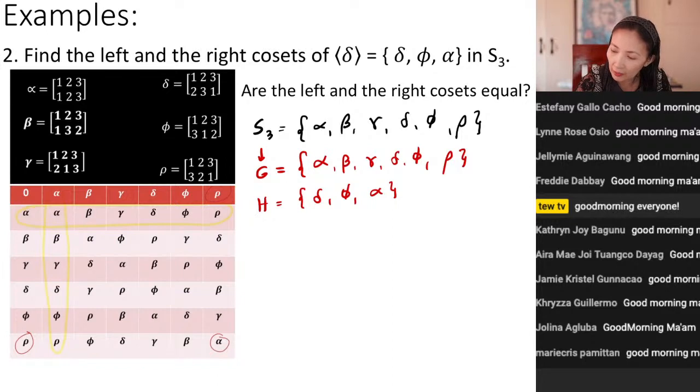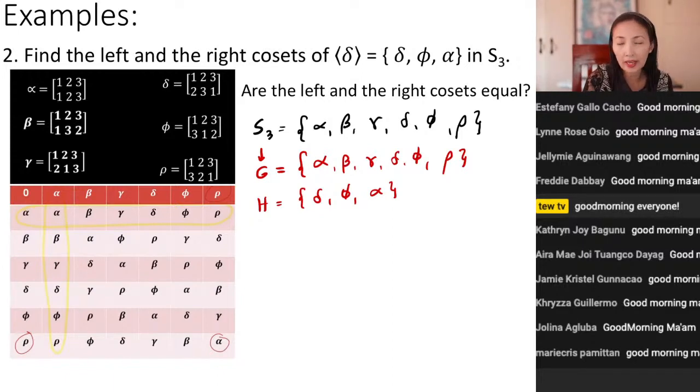The identity element alpha is here. Let's check on the inverse of delta. Inverse of delta is phi, nandito sa grupo. Inverse ni phi ay si delta. So, subgroup talaga ito, no doubt. So, that H whose elements are delta, phi, and alpha is really a subgroup of G.